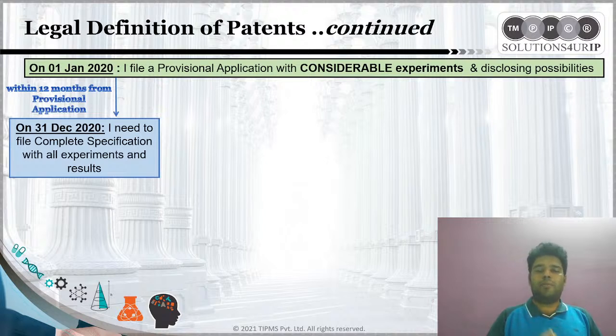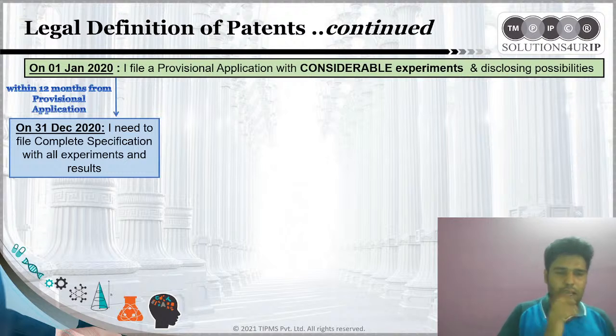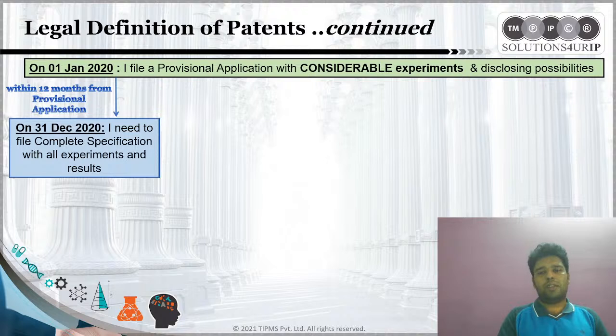You may elaborate on it in due course. You may give the comparative experiments in due course, but at least the basic experiments must be given in the provisional patent specification. That's why I have written here, you file a provisional patent application with considerable experiments and disclosing possibilities in past tense.